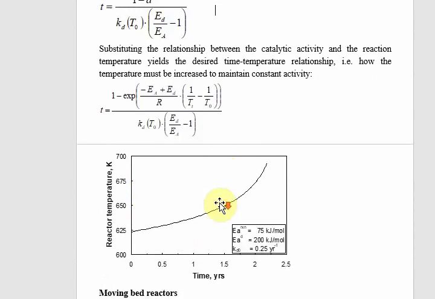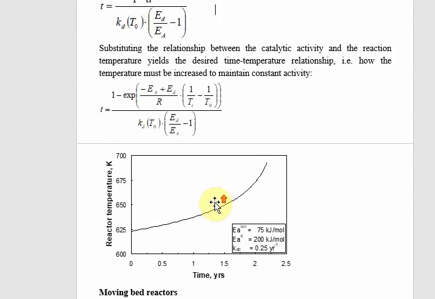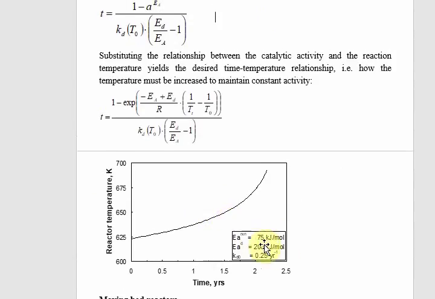And here's an example. I think it's something in Fogler. So for these activation energies and that pre-exponential value, we find that this is the temperature required over 2 years.